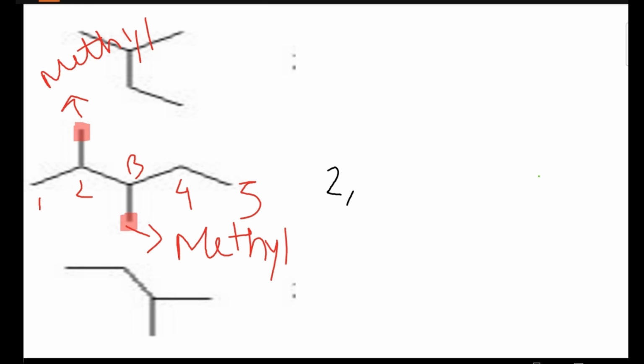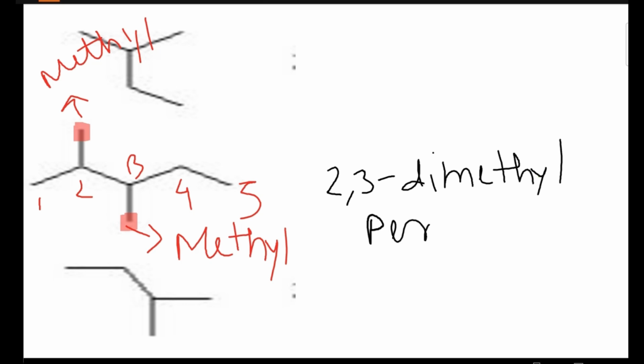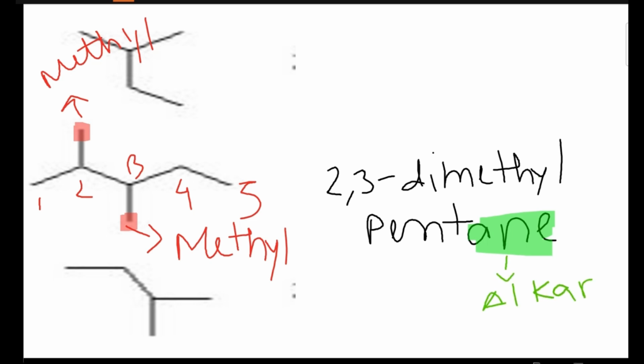So the name of this compound will be 2,3 dimethyl pentane. We get the name ane because all the carbons are bonded in single bond and there are a total of 5 carbons in the longest chain, therefore comes the name pent.